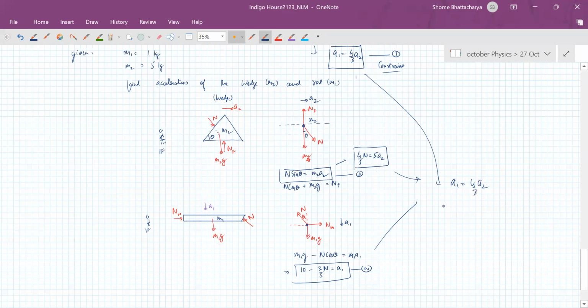So A1 from here is how much? It is 10 minus 3 by 5 N, because remember theta was 53 degrees.